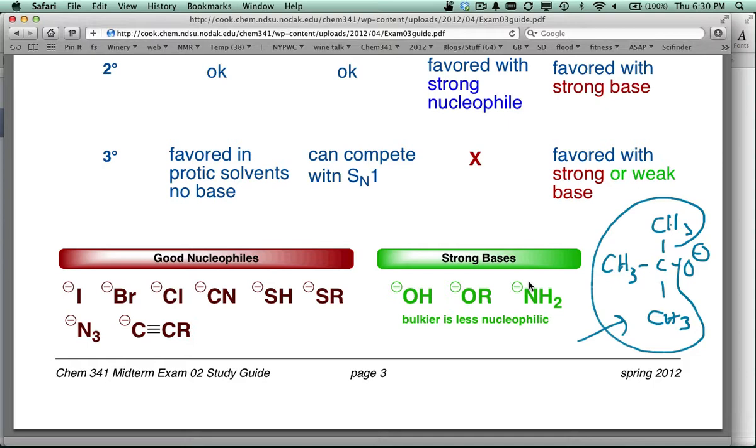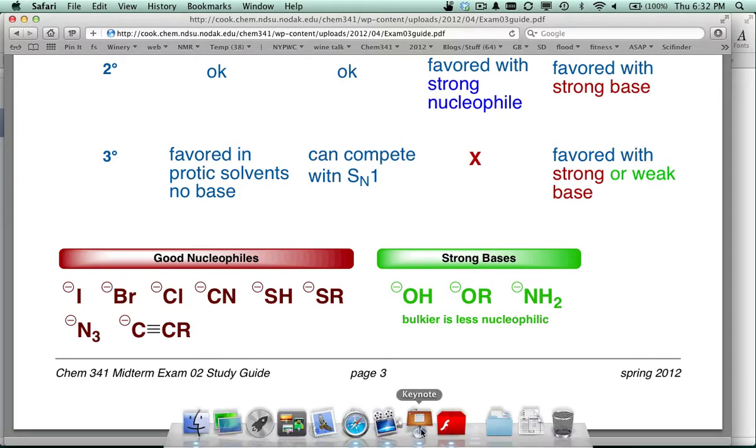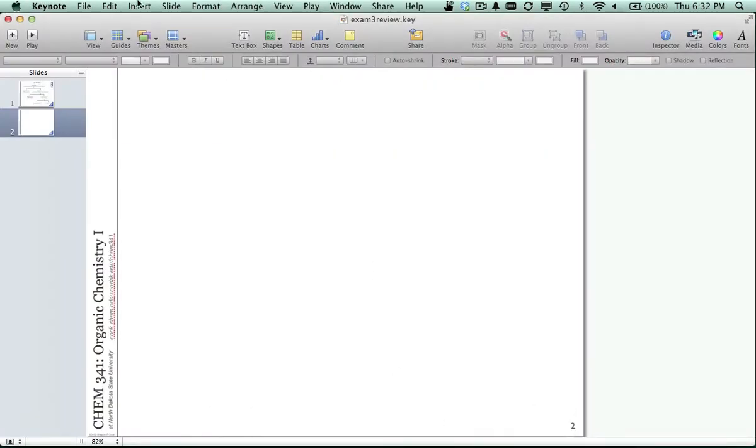Okay. What else is important for E2 elimination versus E1? There's a stereochemical requirement, or a three-dimensional orientation requirement, for E2, right? Do you remember that? Let me write it for you.